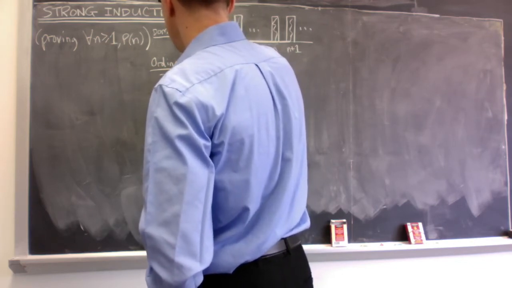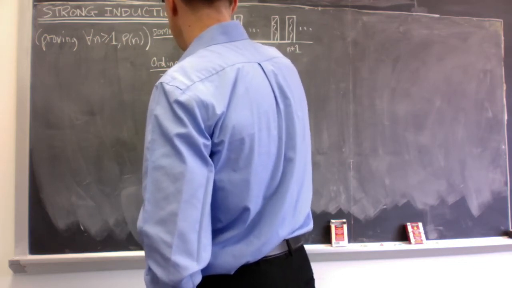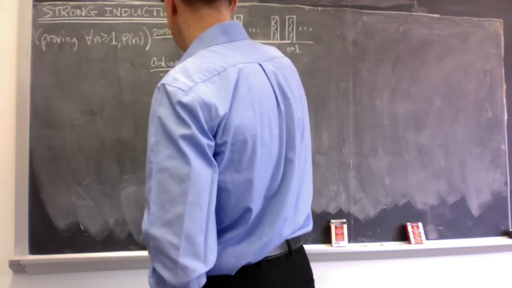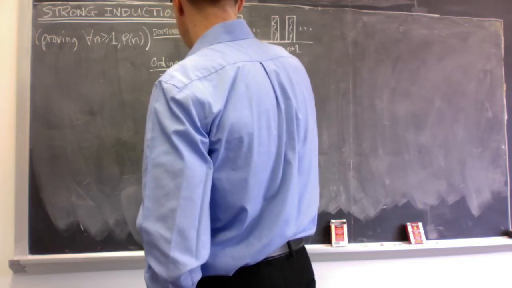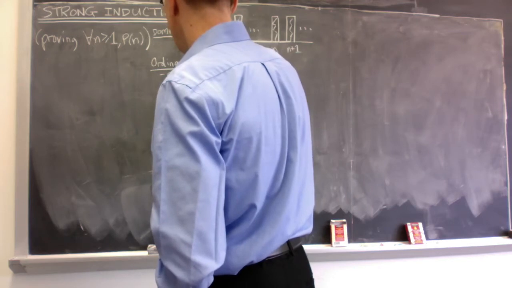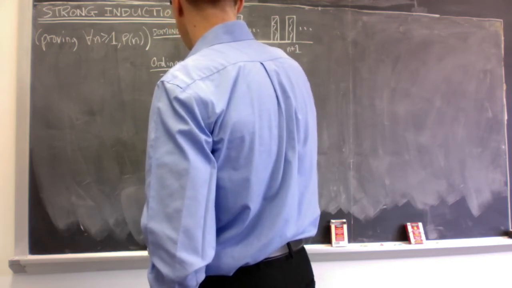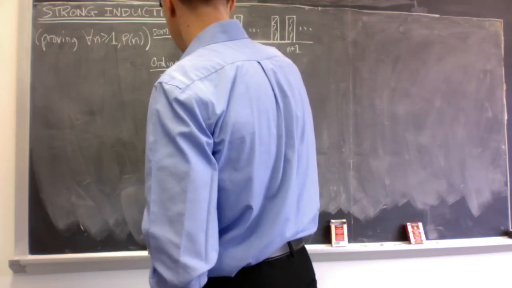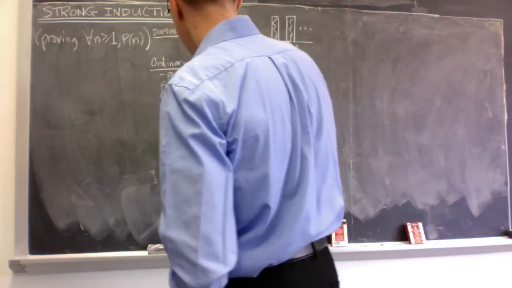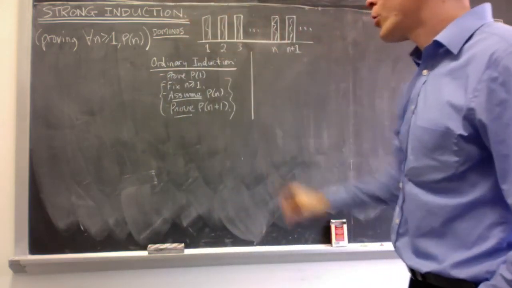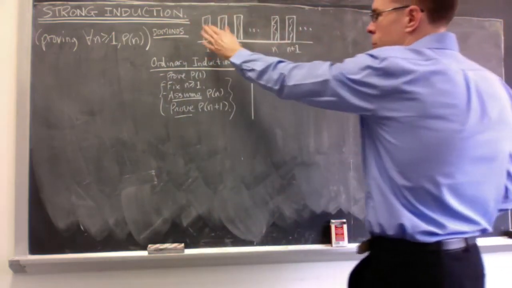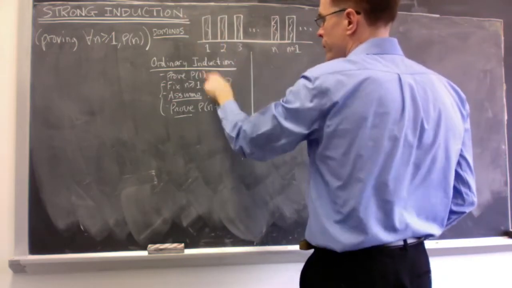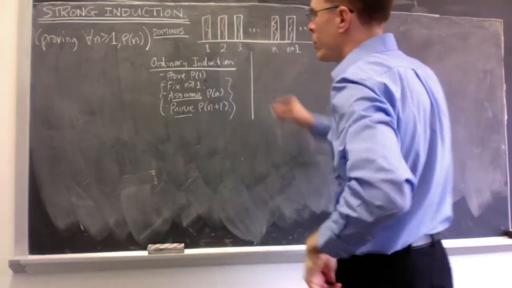Briefly, you fix an n, you assume P of n, and you prove P of n plus 1. And this part's the induction step. We saw the dominoes falling down, like if P of 1 is true, that means the first domino falls down.